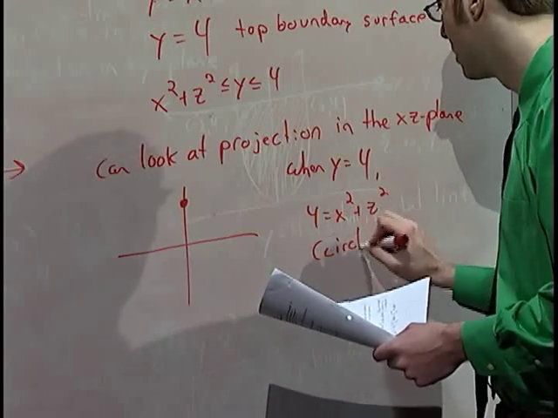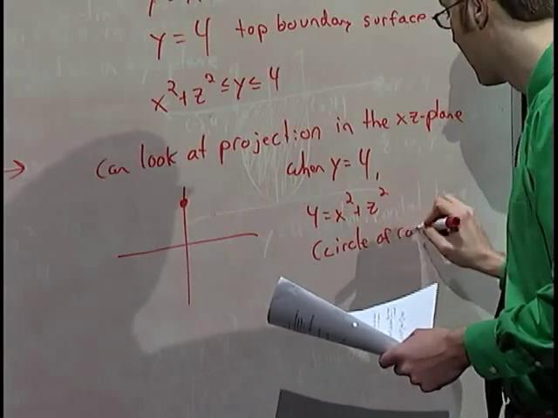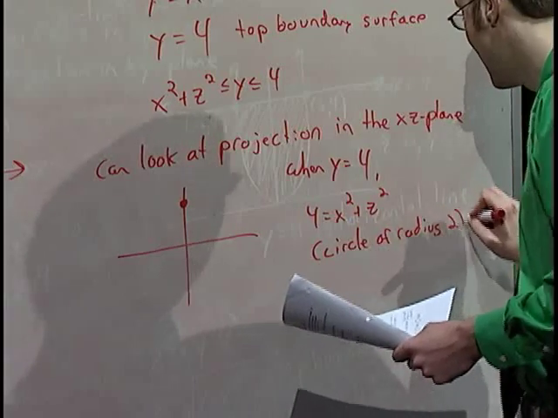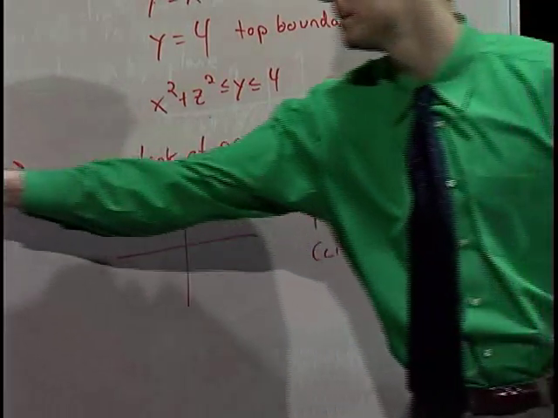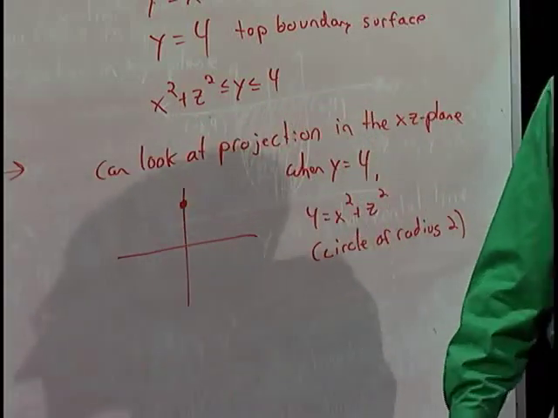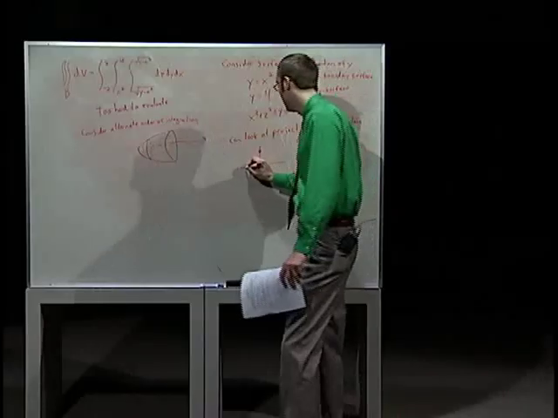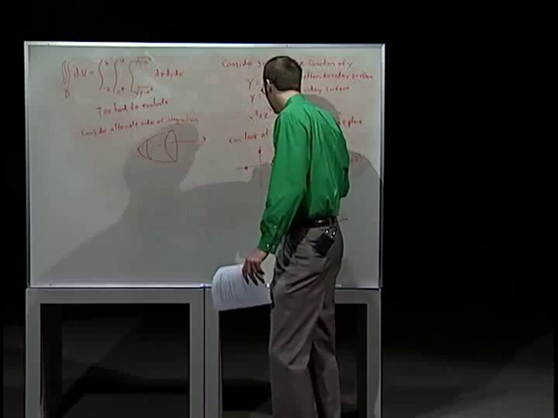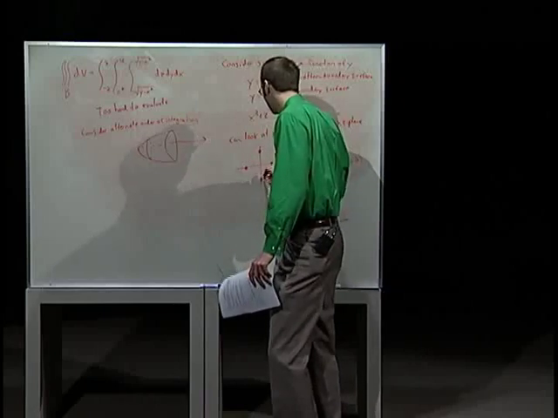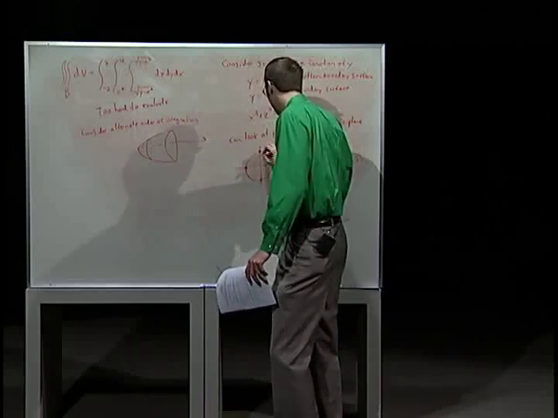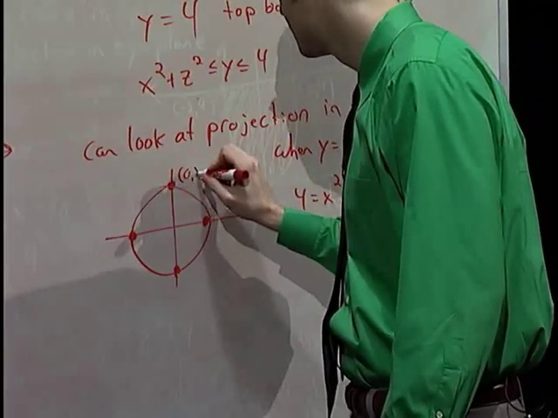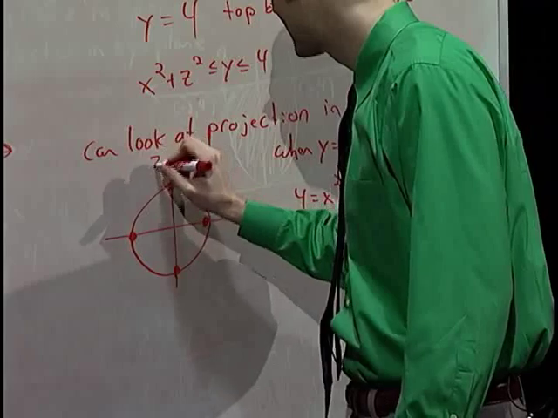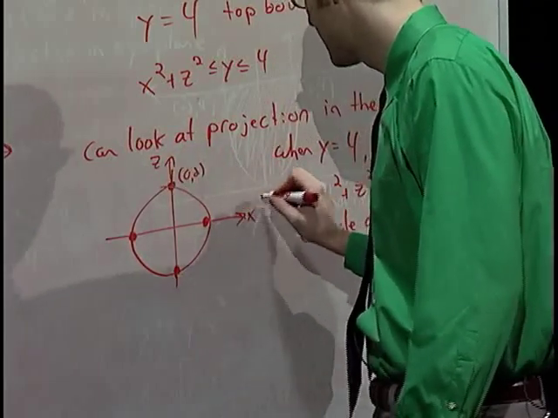That's a circle of radius 2. And from this circle, the circles get smaller and smaller, but they're all the same center, right? So if I put up here the biggest circle, right? So that's 0, 2. Notice this is the xz plane, not the xy plane.